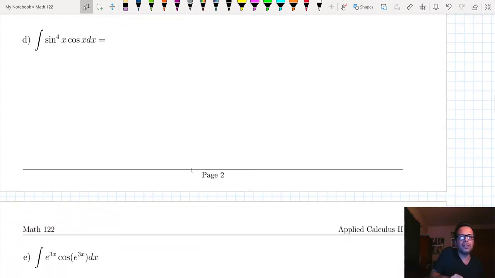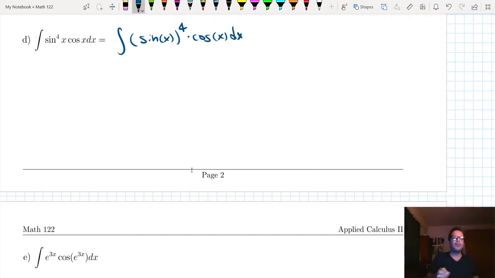Well, let me show the first few steps of this exercise. We're going to have the integral of, I'm going to rewrite this as sine of x to the 4th power times cosine x dx. I need you to observe something.